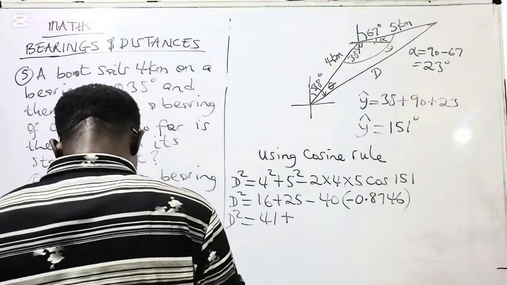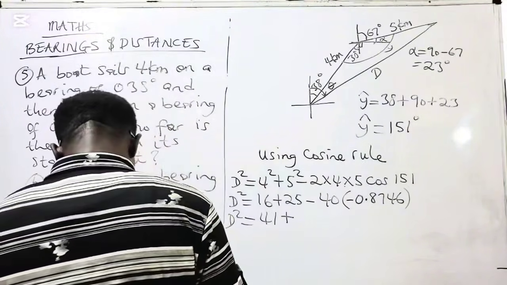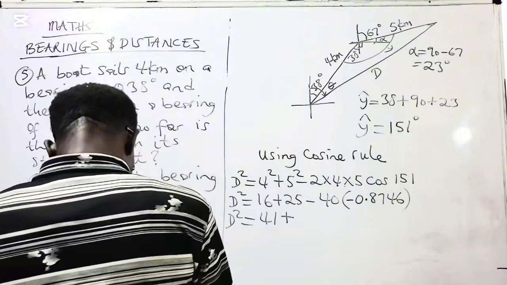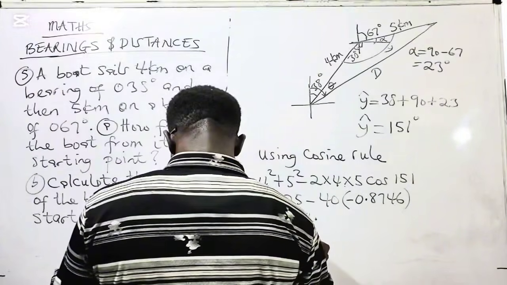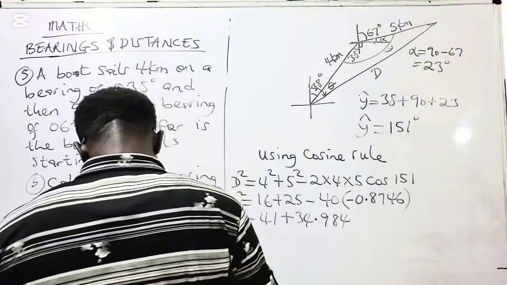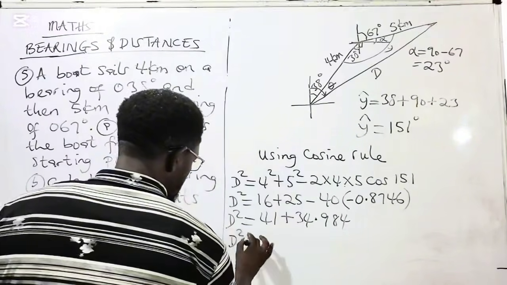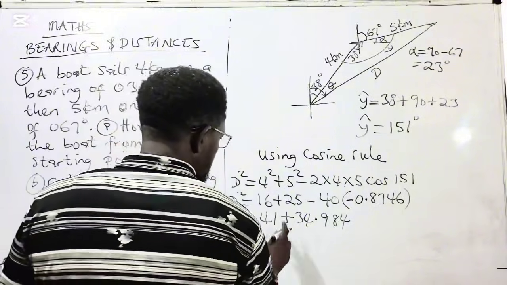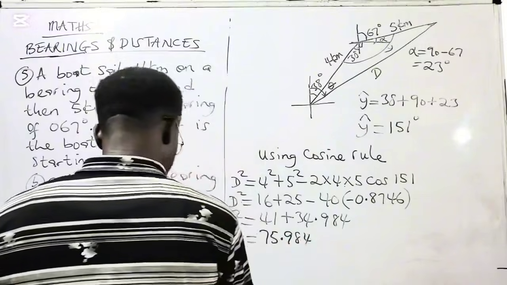So we get 40 times 0.8746, which gives 34.984. So d squared would be 75.984.